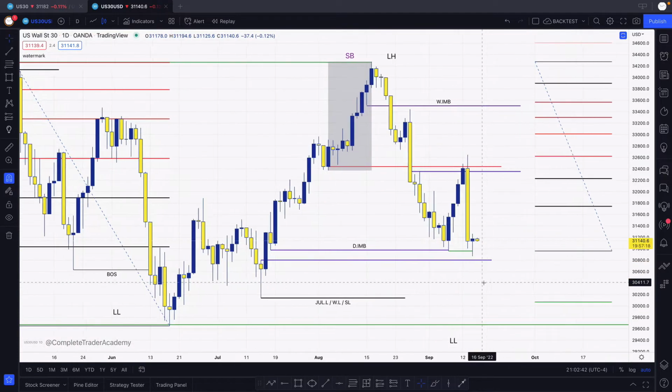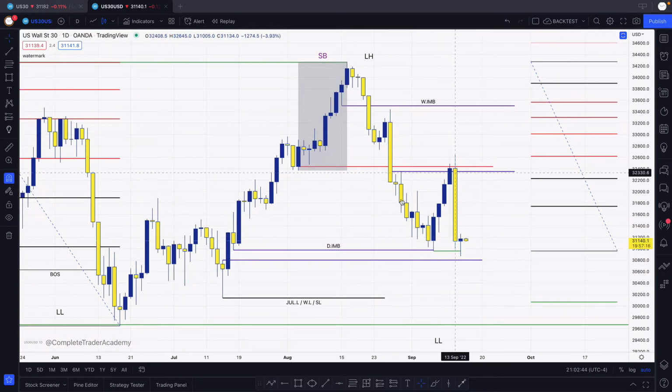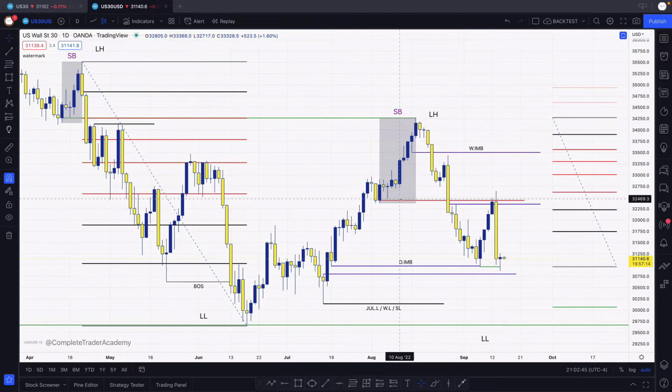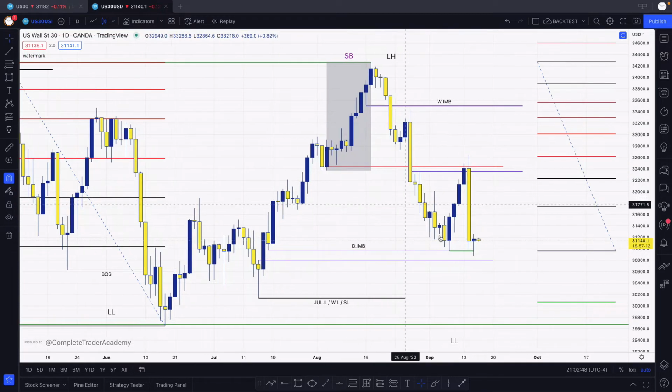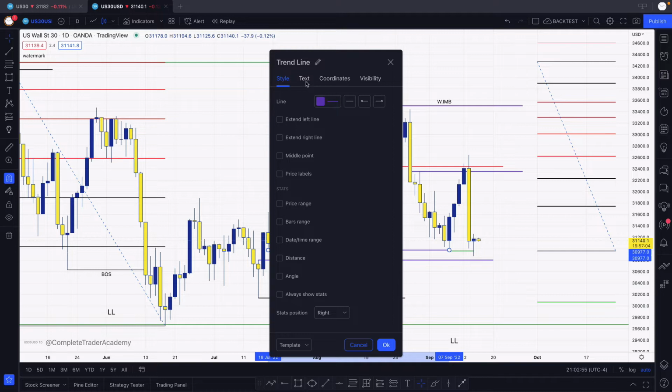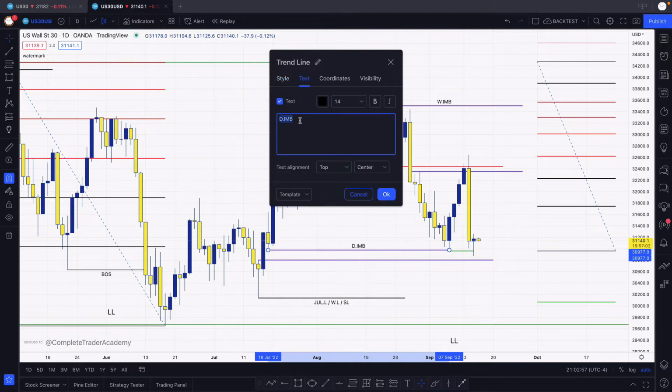And what did it do? It retraced, because we need retracement. Price isn't just going to keep falling forever. So it tapped this low, which we also have. This is not just a daily imbalance, but this is also sell liquidity.